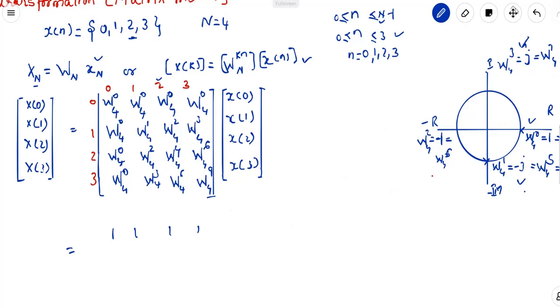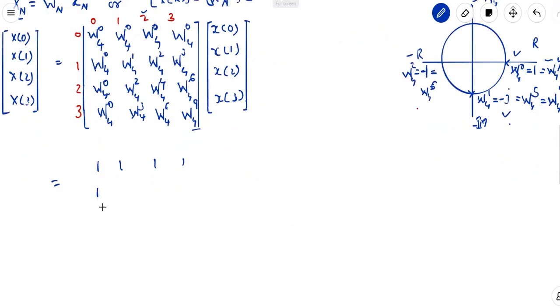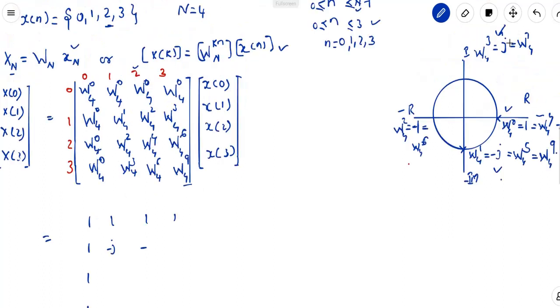So here also omega 4 of 0 is 1, 1 and 1. What is omega 4 of 1? It is minus j. Omega 4 of 2 is minus 1. Omega 4 of 3 is j. So here it will be j.